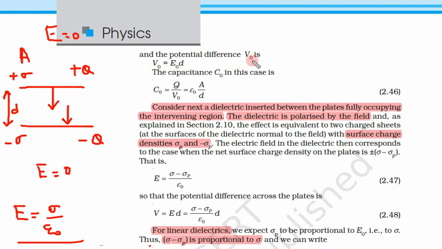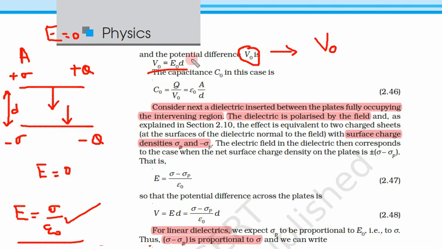Now the potential difference V naught, assume that we have not inserted the dielectric. This naught, V naught or V0, indicates that the dielectric is not there. We are discussing the vacuum. So again this V naught is simply E naught into D. E naught is the electric field without dielectric, which is sigma upon epsilon naught.